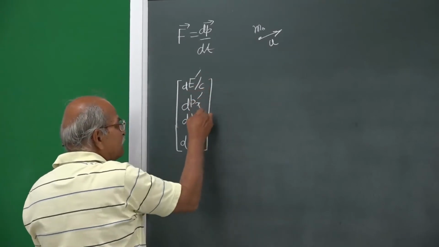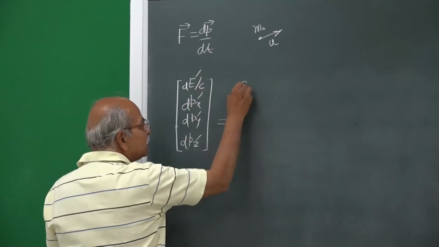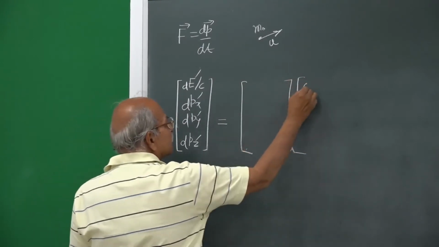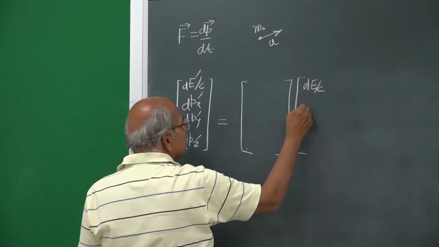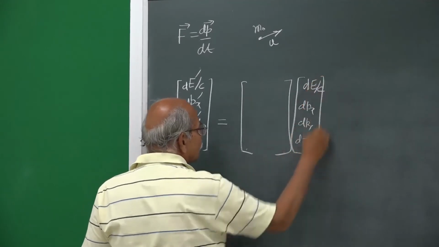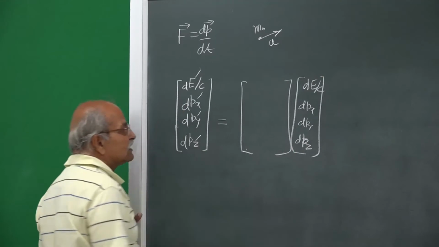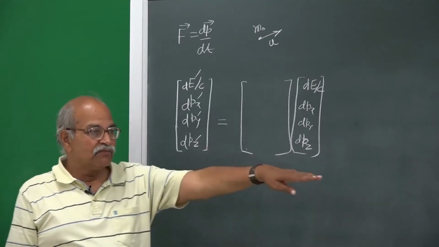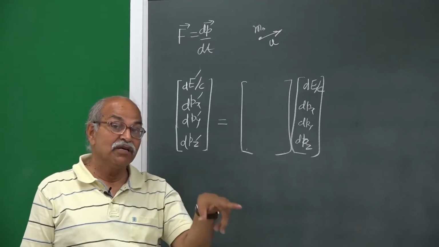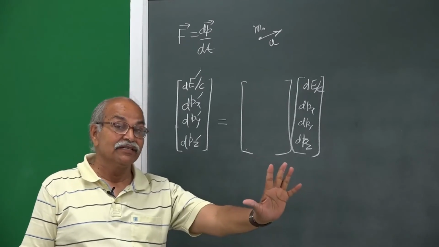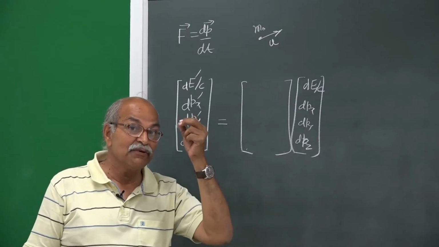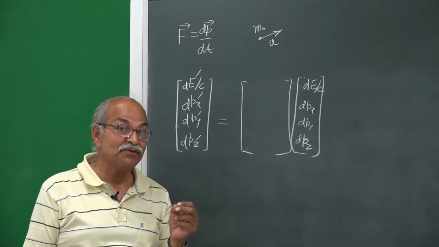So, in the primed frame, if this is the value, then you will have the same Lorentz transformation matrix, and here it will be dE/c and then dpx, dpy and dpz. And for S and S prime, we are using the standard definition that we have used from the very beginning: S prime moves in the positive x direction with a velocity v, at the time of origin crossing t equal to 0, t prime equal to 0, all those things.